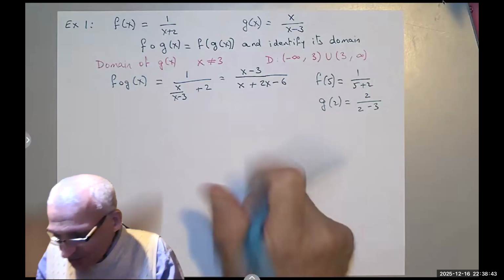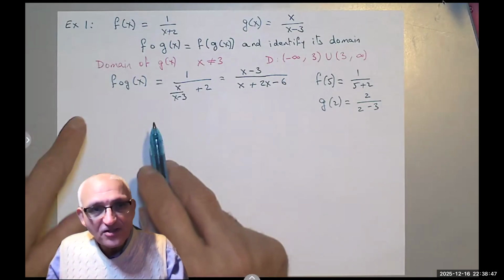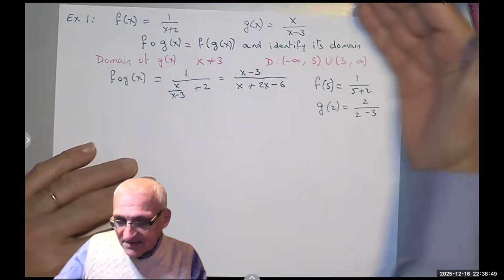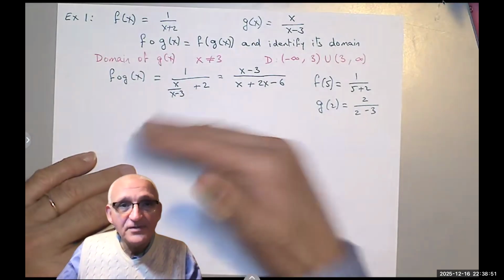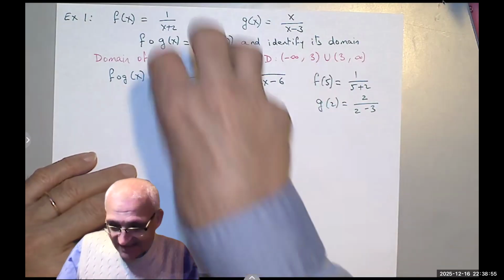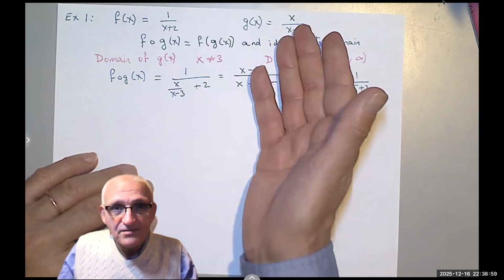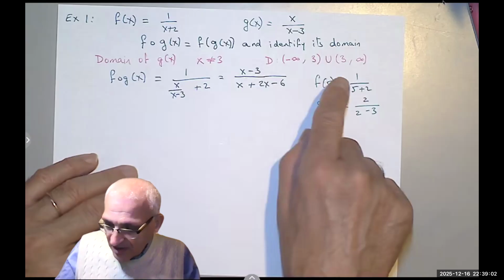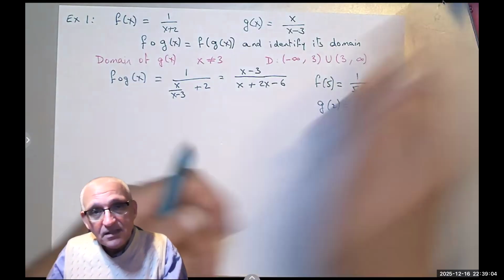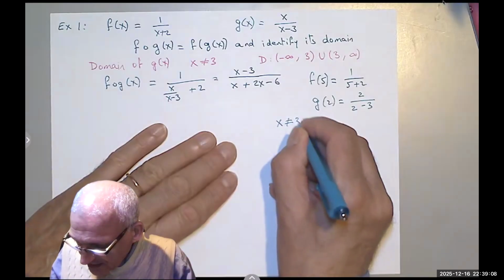Okay, so here, the domain of this function, notice it inherits the domain of g of x, because that's the inner one. I cannot enter 3 for g of x, right? So I already excluded 3. So now I can start by saying x doesn't equal 3.